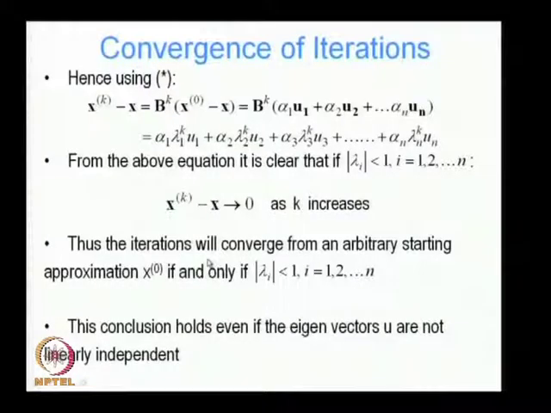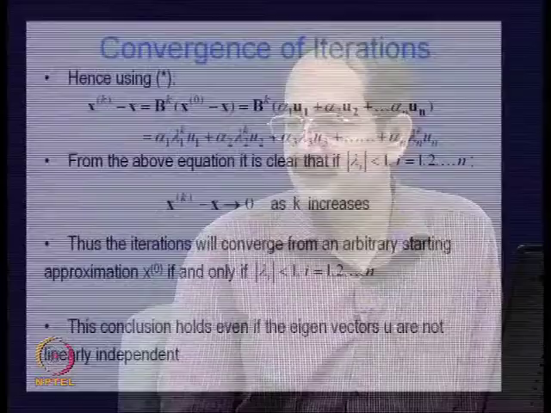Thus, the iterations will converge from an arbitrary starting approximation. My starting approximation can be any value, maybe very different from my true solution, maybe orders of magnitude different. But even in that case, I am assured that I am going to get to my true solution after a certain number of iterations, provided my B matrix has a spectral radius which is less than 1.